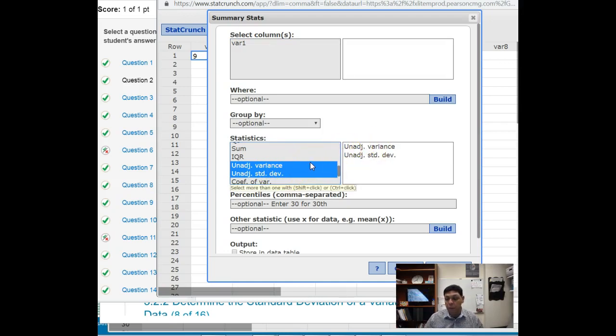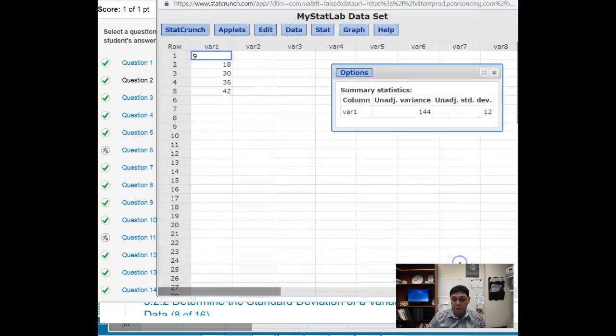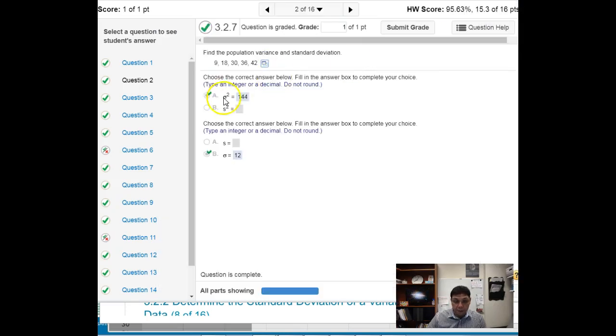In the sample, we divided by n-1 if you're going to do it by hand. So for population, we call that unadjusted on StatCrunch. Then you would just compute that. Oops, I have to select the columns first. And then once you have that, you get your population variance and standard deviation. That's where the answers would come from. You don't have to do it by hand.